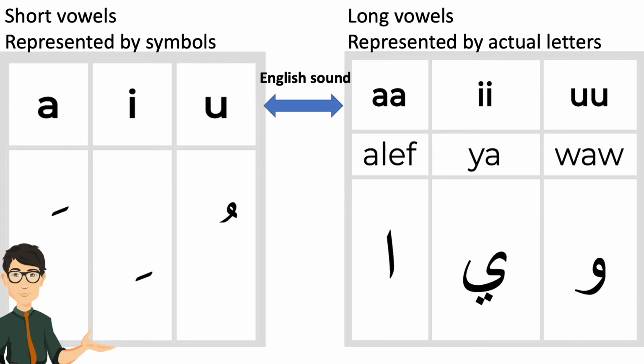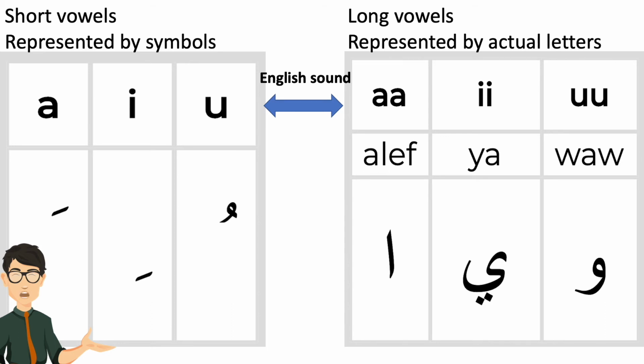Short vowels are represented by symbols, marks. They are used with all the letters and all the consonants at all times. These symbols are placed as we agreed above or below the letters to create a particular sound.